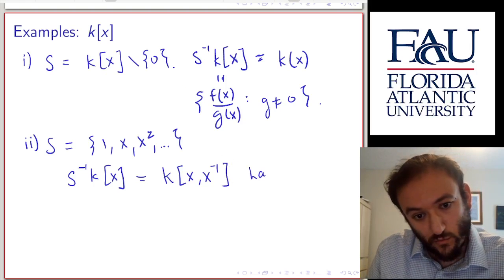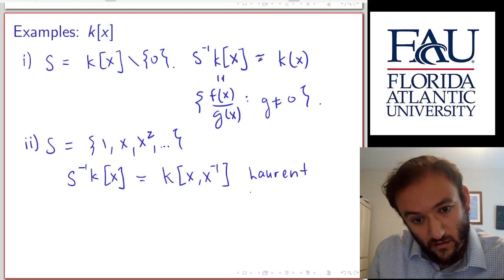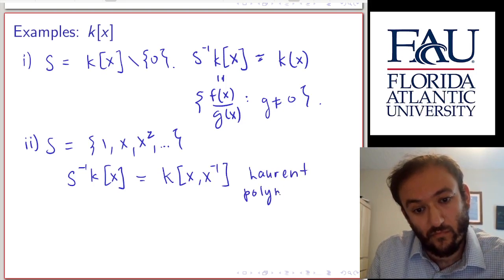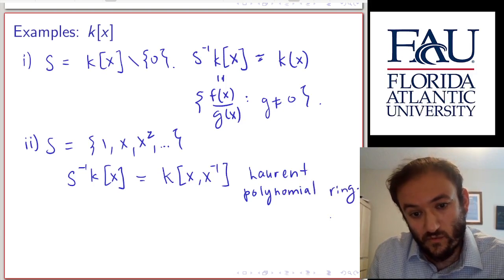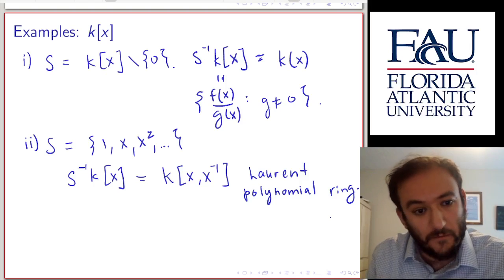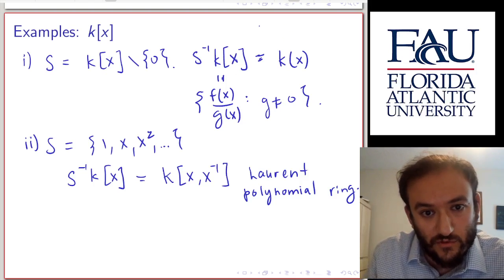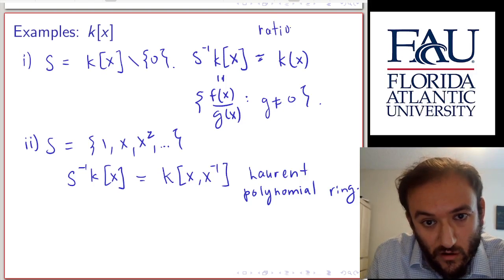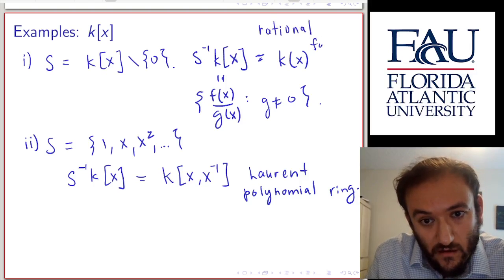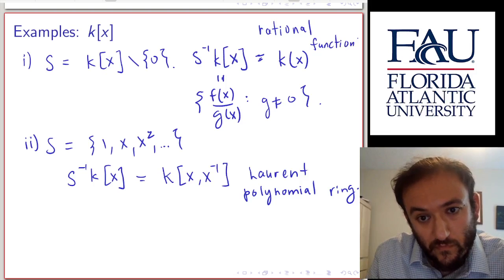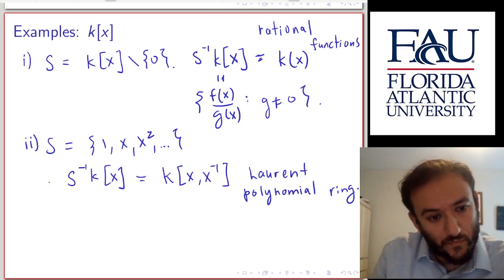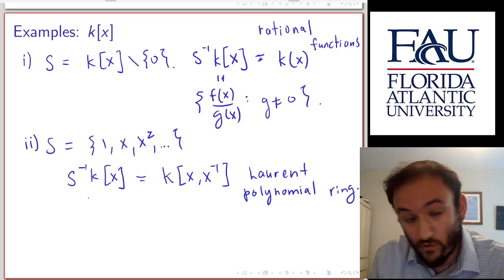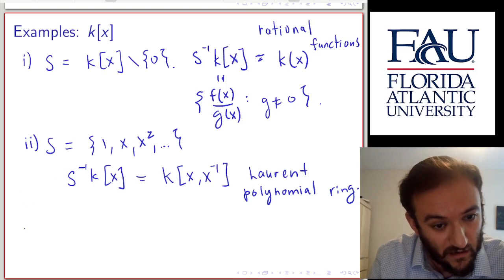So this is the Laurent polynomial ring, because we're allowing negative powers of x as well. And I'll just remember to write up here rational functions. Okay. So this is another localization of k adjoin x.